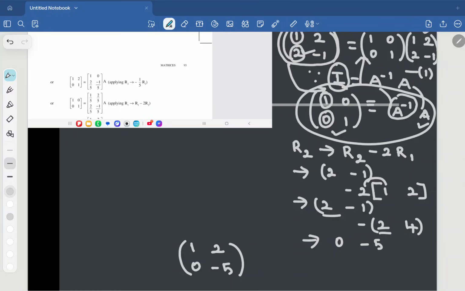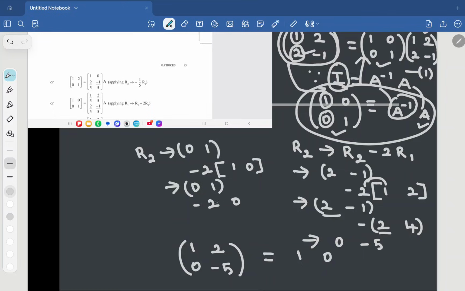What we have done in the LHS, the same way we have to do in the RHS for this part, which is equal to [1 0; 0 1]. Here also R2, what is R2? 0 1 minus 2 times R1, which is 1 0. So 0 1 minus of 2, 0. If we simplify, 0 minus 2 is minus 2, and 1 minus 0 is 1.